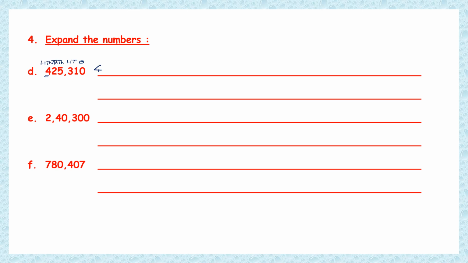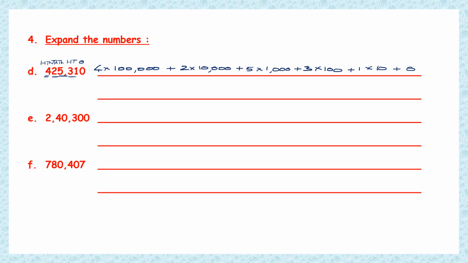So we say 4 into 100,000 plus we take 2, 2 into 10,000 plus we take 5, 5 into 1,000 plus 3, 3 into 100 plus the next digit is 1, 1 into 10 and then we just have a 0 plus 0. Now let's multiply all these.